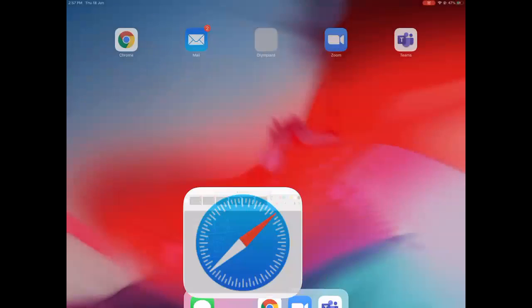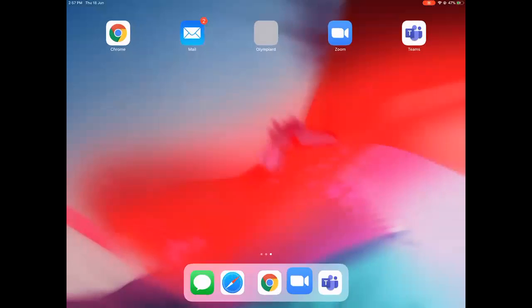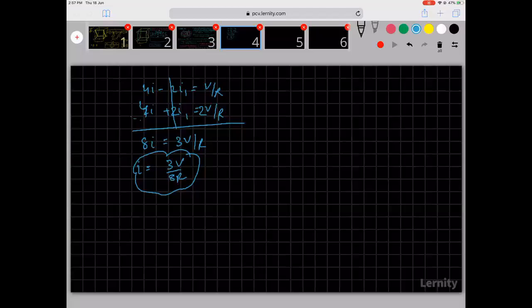From here, how can you find R effective? Now, I is equal to V by R effective. So that is equal to V by 8R by 3. So 8R by 3 is equal to R effective. Okay.